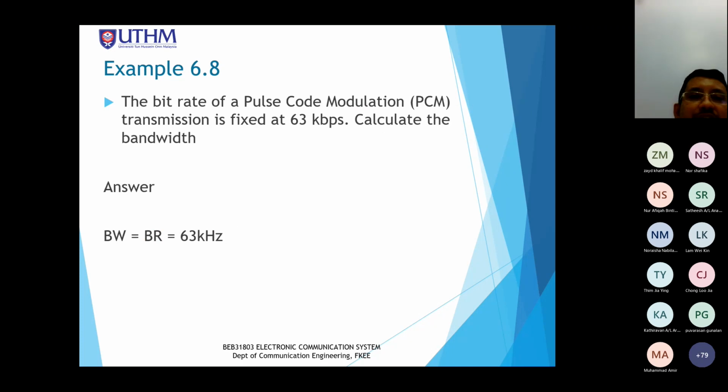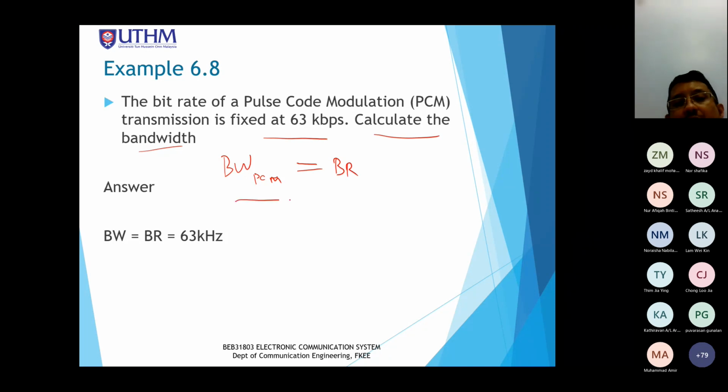And then the bit rate of a pulse code modulation PCM is fixed at 63 kilobit per second. Calculate the bandwidth. So the question asks you to find the bandwidth of PCM. It is not mentioned what kind of pulses are used for the sampling process. So in this case, you can simply make the bandwidth of PCM equal to the bit rate.